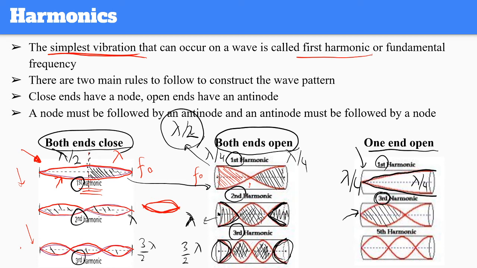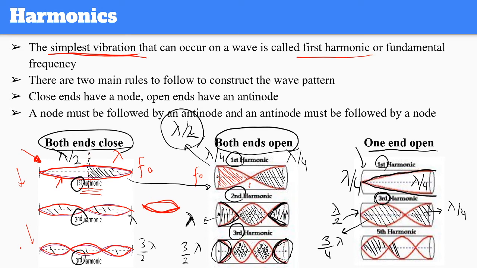So how many wavelengths do I have in this system? I basically have a quarter here, and I have a half in here. So basically, my wavelength in the system is 3/4 of a wavelength. And what do I have in the last one?